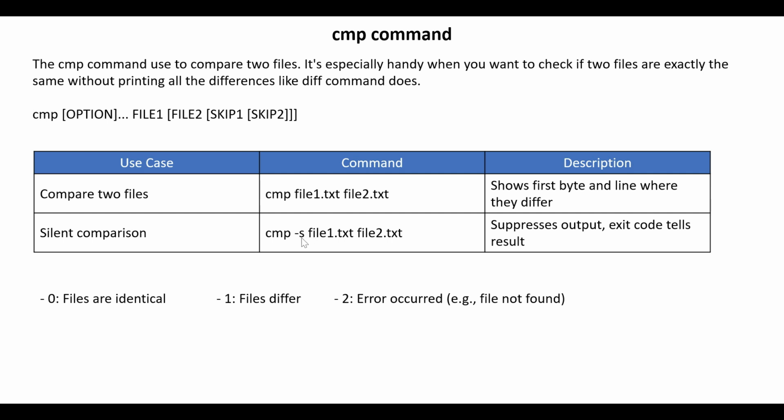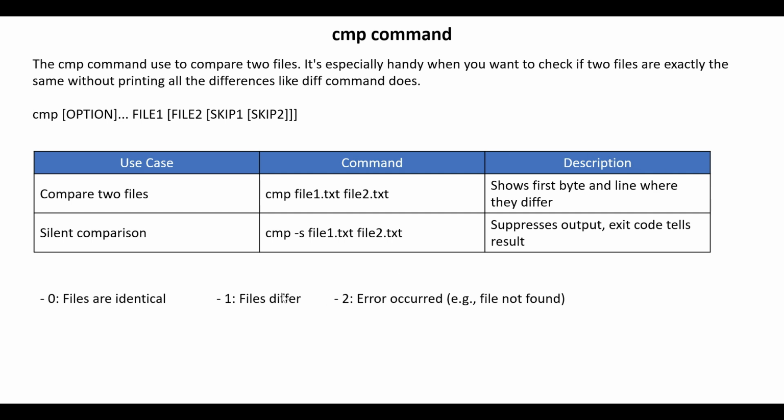When you use the -s option, it will not give you the output on screen. Instead, by using the exit code, you can come to know whether the files differ or not. If the exit code is 0, then there are no changes in the file. Both are same.